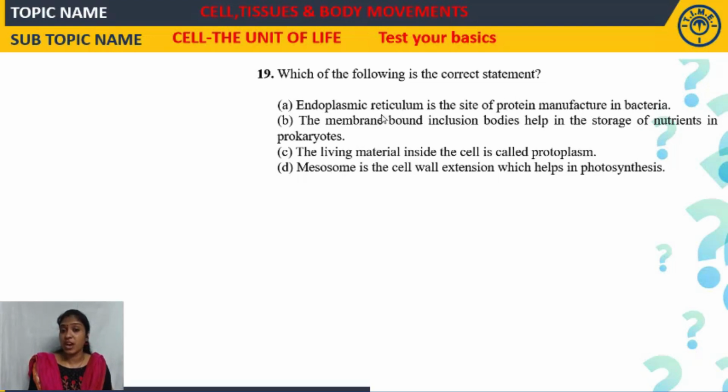bacteria. Okay, so in bacteria that is also wrong, because endoplasmic reticulum is not found in bacteria. Endoplasmic reticulum is a membrane-bound cell organelle which can be seen only in the eukaryotic organism. So the sentence is altogether wrong. Endoplasmic reticulum is not the site of protein manufacture, and it cannot be seen in bacteria.